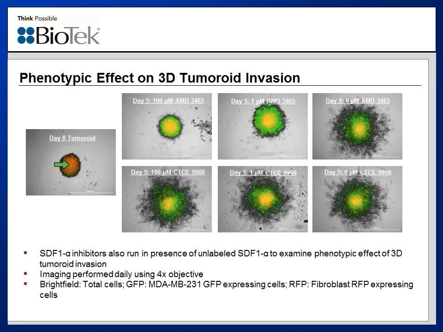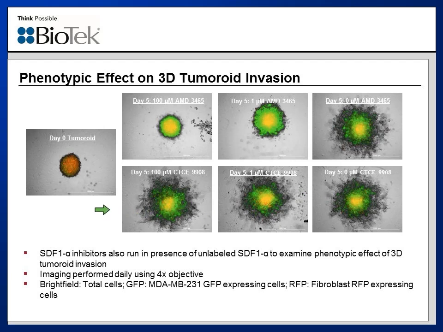And then after a 5-day incubation in the presence of the chemoattractant and either AMD 3465, which is shown by the images on the top here, or in the presence of CTCE 9908, such as the image you see on the bottom, whose residence time was shorter than that of the ligand.